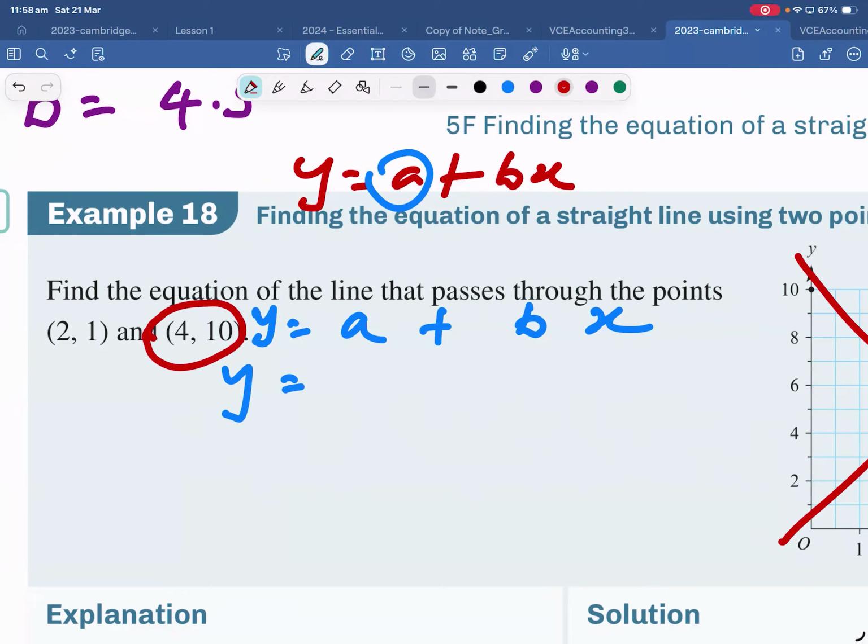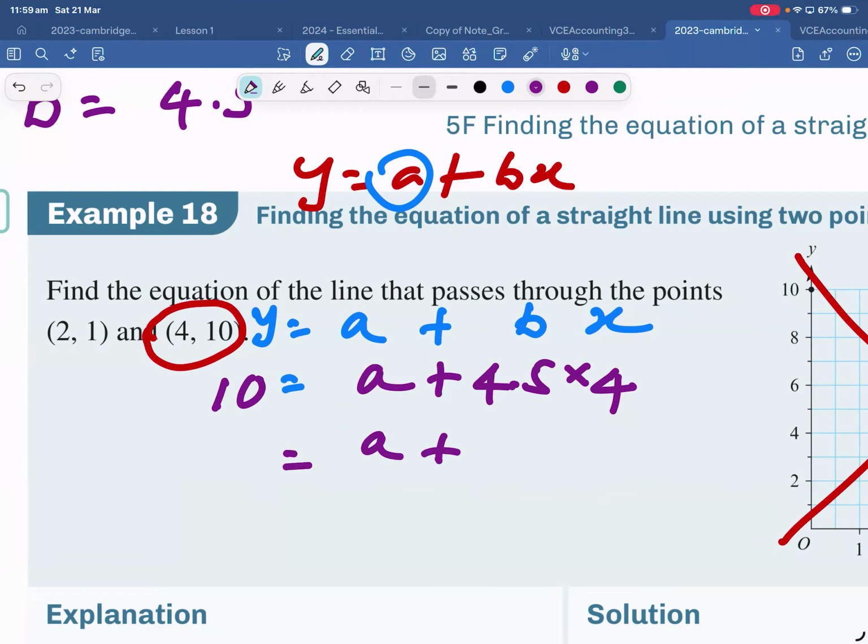So y equals, at this point, y is 10, then x is 4, b we know 4.5, and then we are going to find a. So 4.5 times 4 is 18, and this is 10.